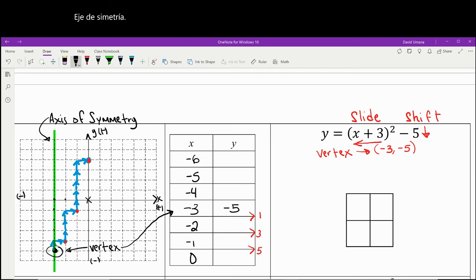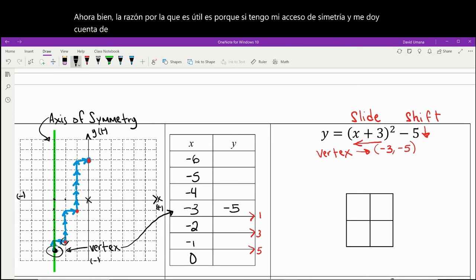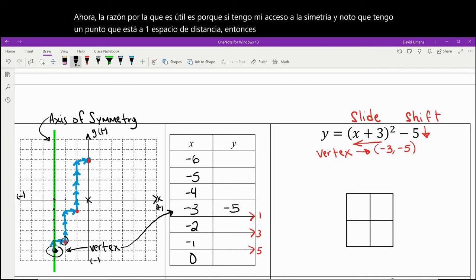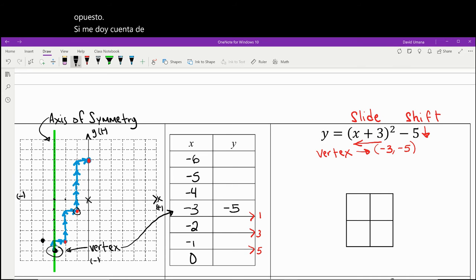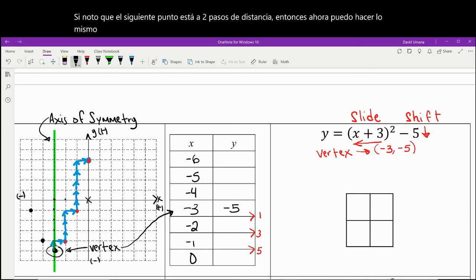Now, the reason that that is useful is because if I have my axis of symmetry and I notice that I have a point that is 1 space away, then I can do the same thing on the opposite side. If I notice that the next point is 2 steps away, then I can do the same thing on the opposite side, 2 spaces away.